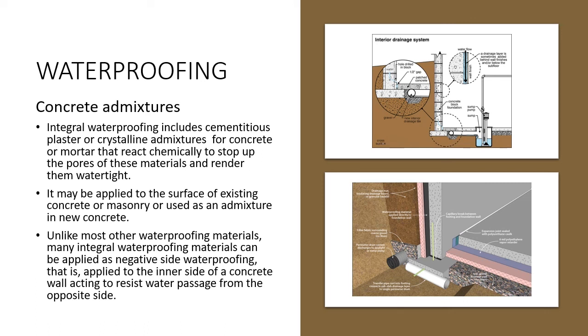It may be applied to the surface of existing concrete or masonry or use an admixture in a new concrete. Unlike most other waterproofing materials, many integral waterproofing materials can be applied as negative side waterproofing. That is applied to the inner side of the concrete walls, acting to resist water passage from the opposite side, di belah dalam, bukan dekat area luar. Maksudnya bukan dekat area yang jumpa dengan ground tu, dia di belah dalam lah.